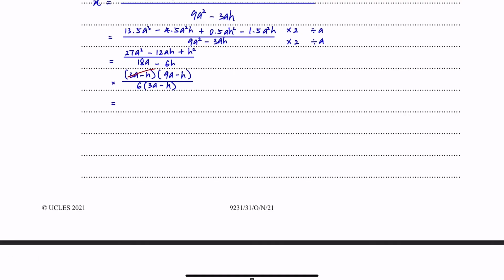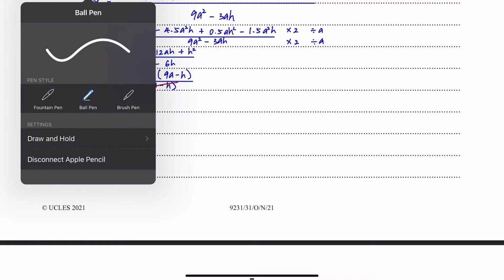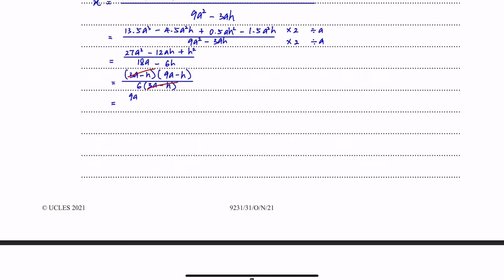So we can cancel this off, and we would get 9a minus h divided by 6.